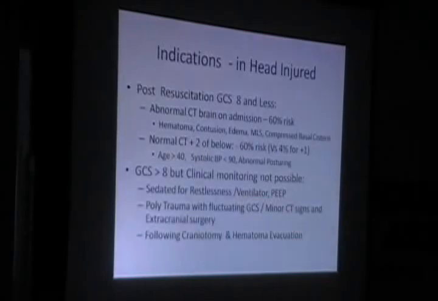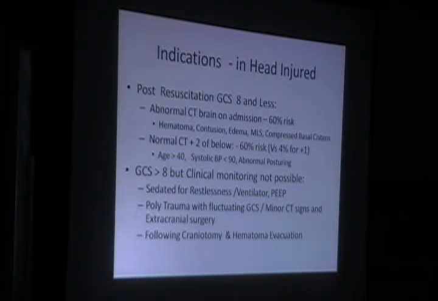So like that, there are different indications for intracranial pressure monitoring. Any patient with head injury with a GCS of 8 or less, and if the CT scan is abnormal, then ICP has to be measured.